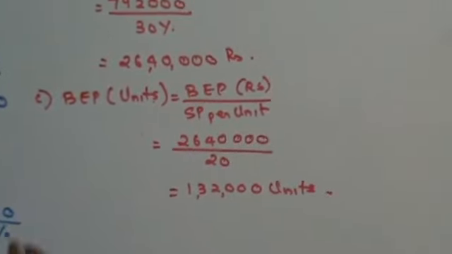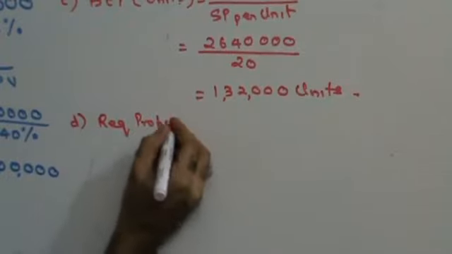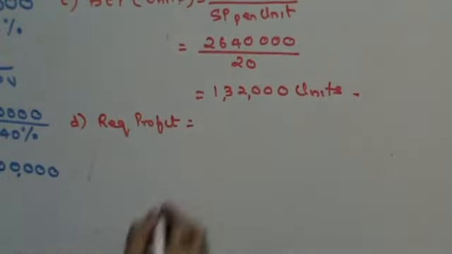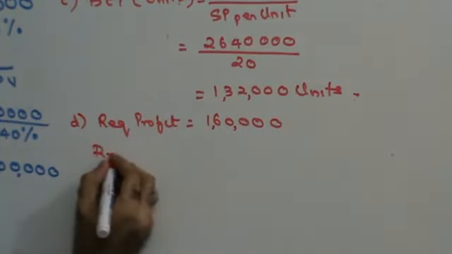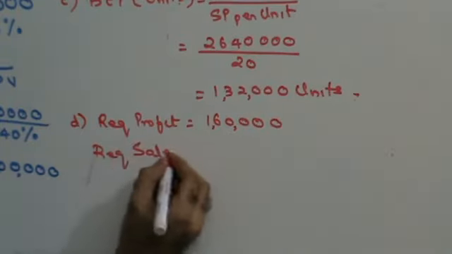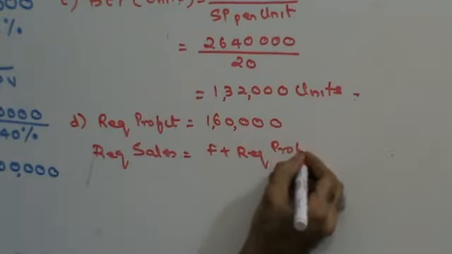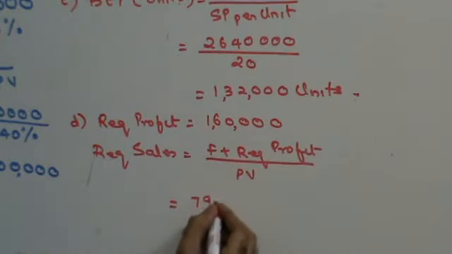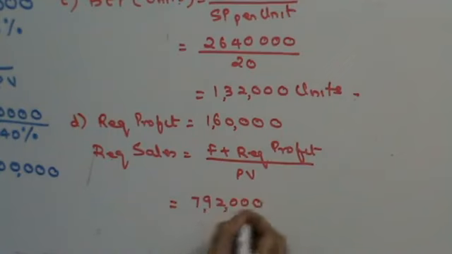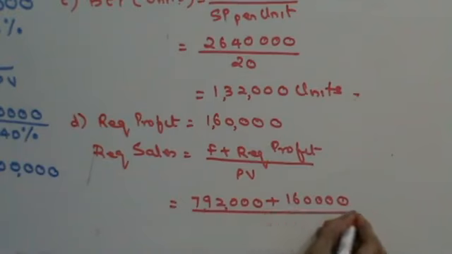Next, they have also given you that the required profit is 1,60,000. You will use the formula required sales is nothing but F plus required profit upon PV. F is 7,92,000 plus required profit 1,60,000 divided by PV, 30%. Right?